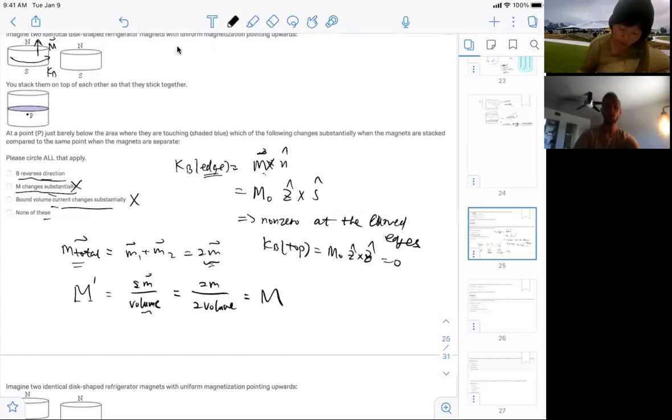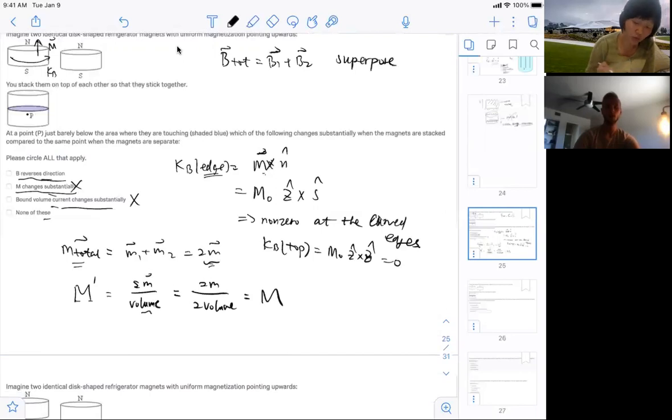What about B? Does B reverse direction when you put them together? It doesn't, right? You really still have the B pointing in the same direction. So B total is B1 plus B2. So it does not reverse direction. It simply superposes, right?